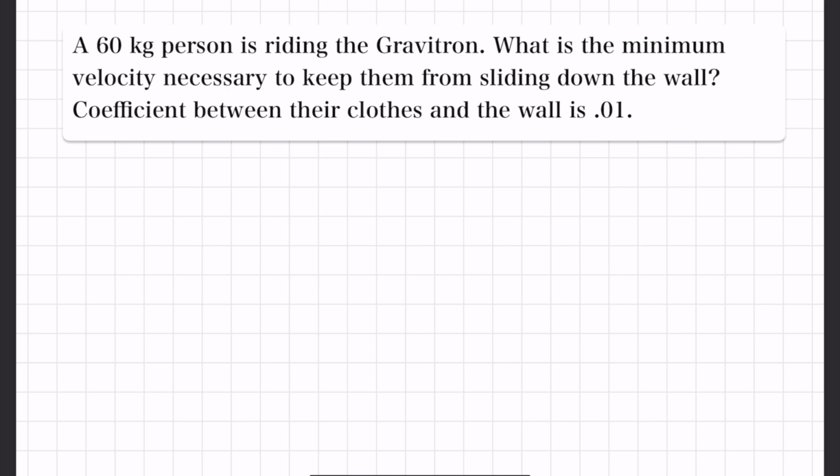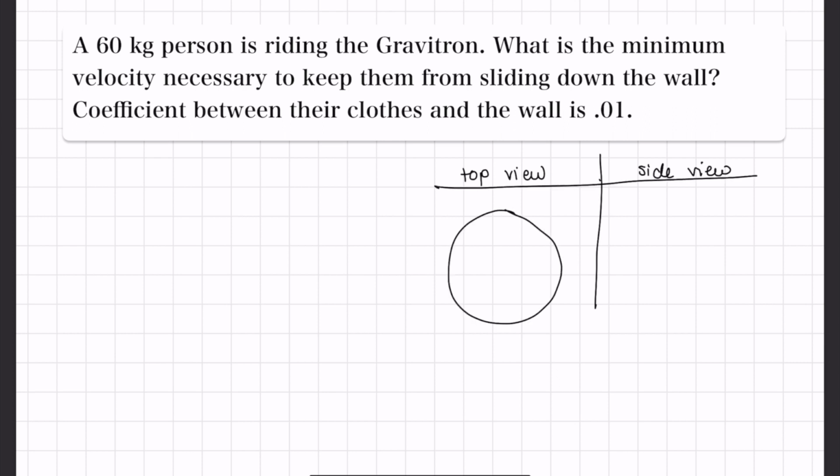First, I will draw the picture for you guys. So again, I'm going to do a top view and the side view for this case. So our top view is going to be the circle. This person is pressed up against the wall, and we're going to have normal force pushing in, and our centripetal acceleration is also pointing inward.